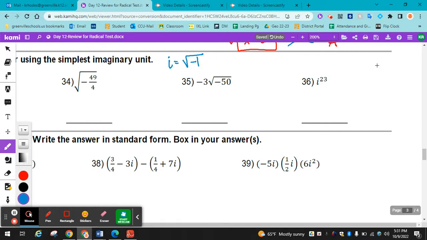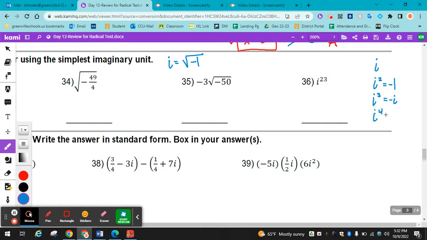And you never leave imaginary with an exponent higher than 1. It can always be simplified. So we're always looking for the i with a power of 1. If it was a power of 2, that'd be the square root of -1 times the square root of -1, which is just -1. If it was cubed, it'd be -i.